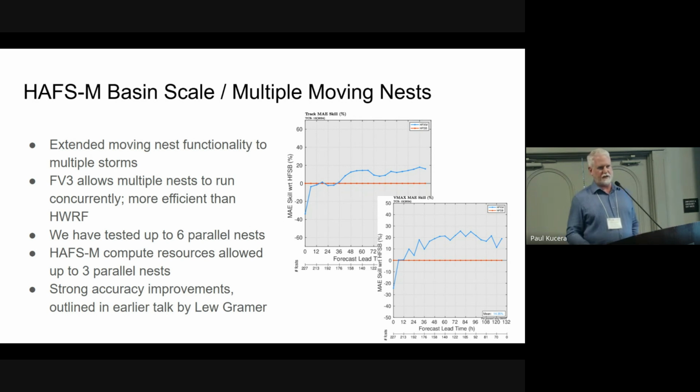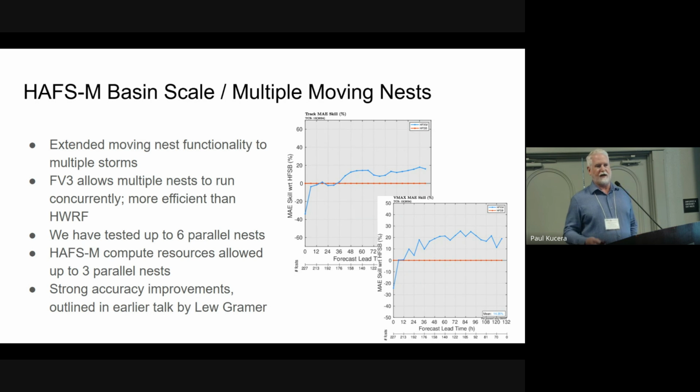One of the interesting things is the FV3 architecture from GFDL allows these multiple nests to run concurrently in a much more efficient way than HWRF did. They do that by the boundary conditions being extrapolated one time step forward so that the nest and the parent can integrate at the same time. And so that gives us a lot more efficiency than was possible with HWRF.